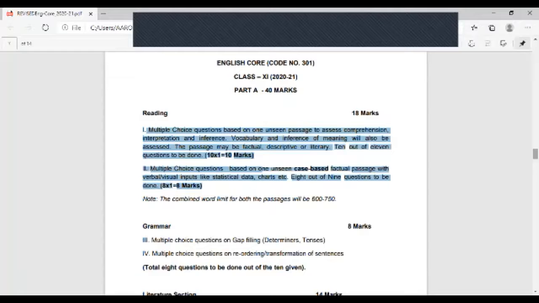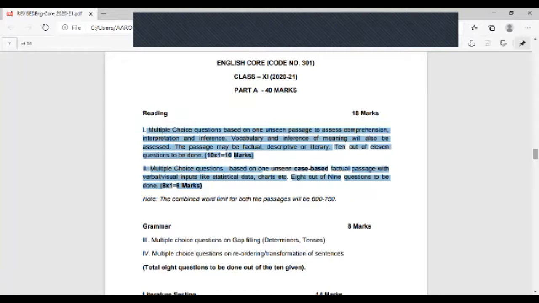Out of the 9 MCQ questions, you will be writing only 8, which you choose to write. So that carries 8 marks. Each question carries 1 mark each.